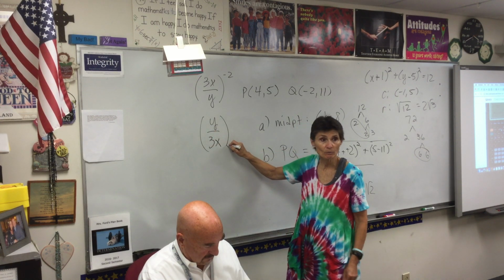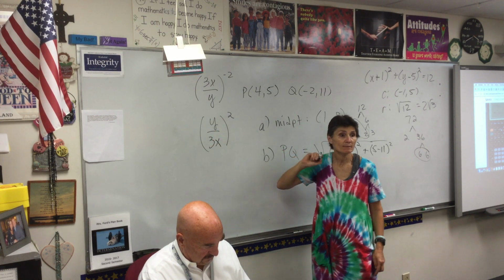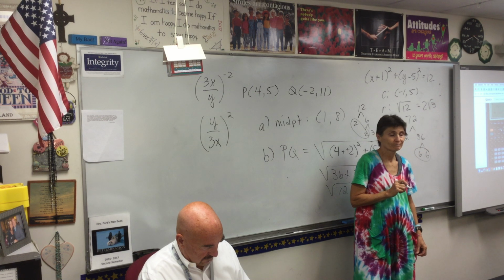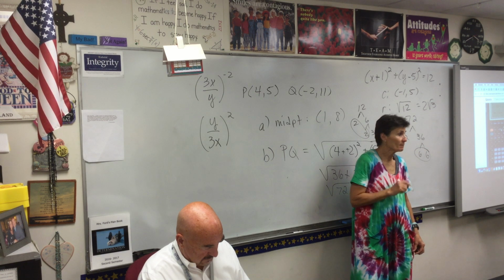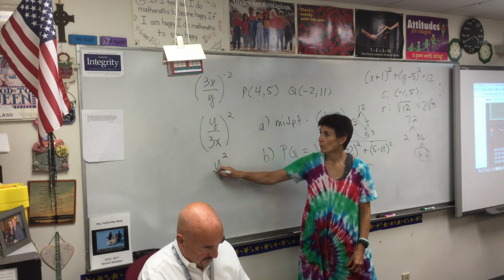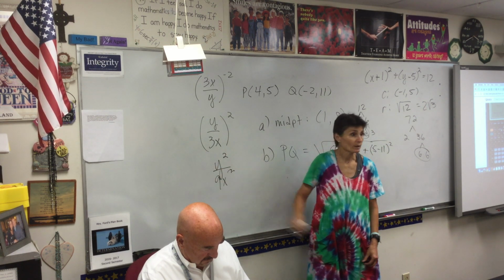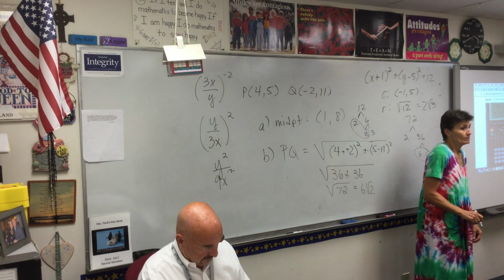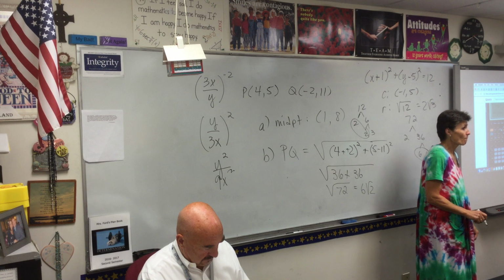There it is, flipped over. And then the exponent is a +2 instead of a -2. I just left the 2 at the bottom. I didn't flip it. Yeah, we gotta flip it because of the negative exponent. Then we square everything. So our answer is y squared over 9x squared. Is that good?